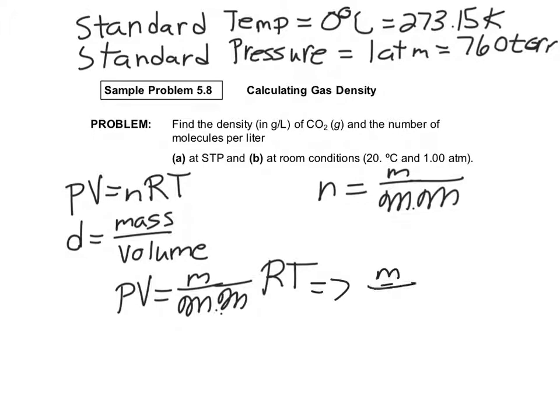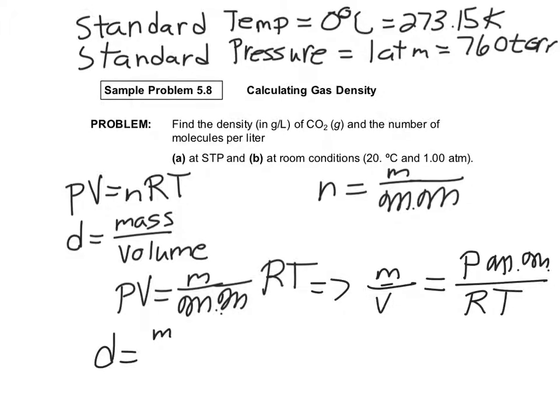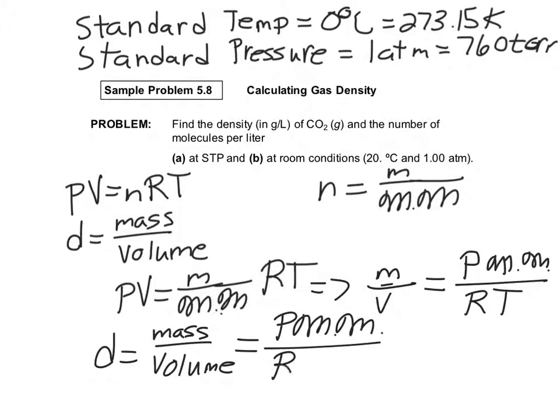So mass divided by volume would equal the pressure times the molar mass divided by RT. Right, so density is equal to mass over volume, which is also equal to the pressure times the molar mass divided by RT.